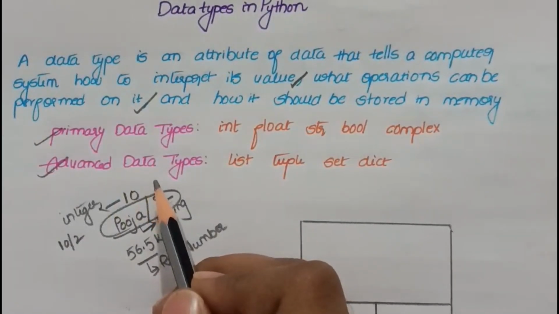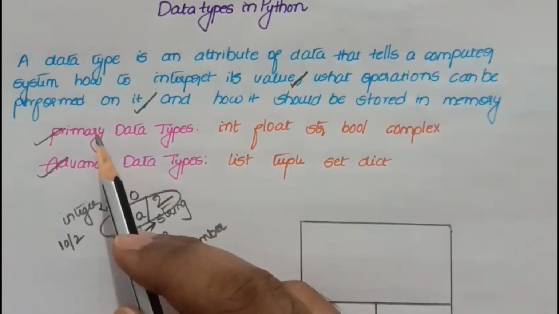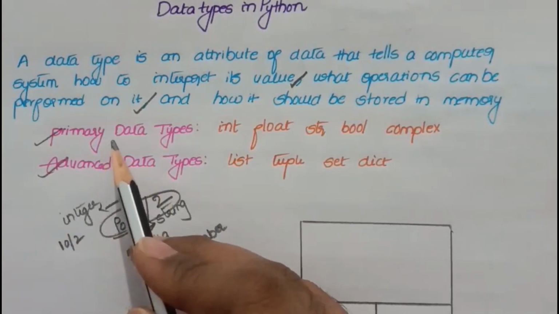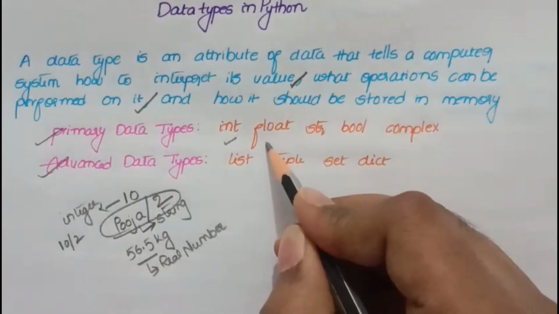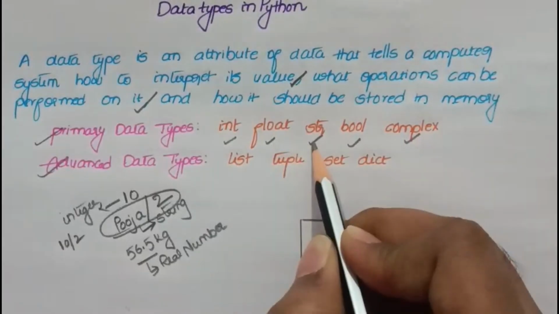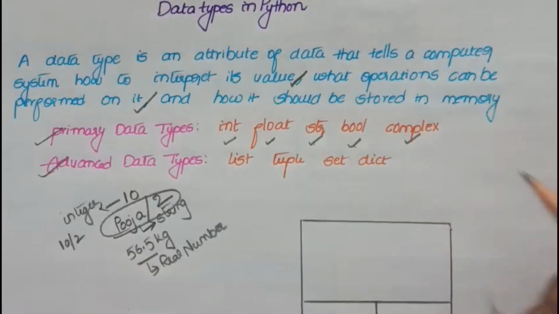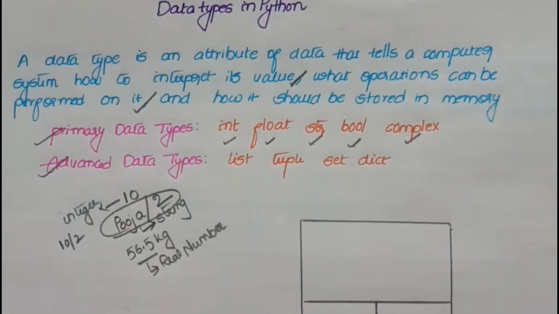We will discuss this in the next video. In this video, we will focus mostly on primary data types. In primary data types, we have five different types: int, float, string, boolean, and complex. Let us discuss each of them in detail.